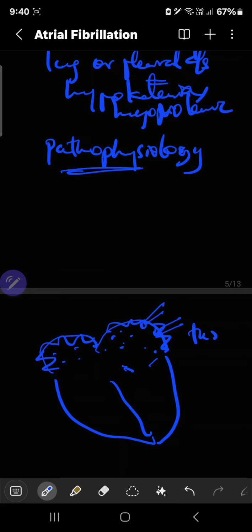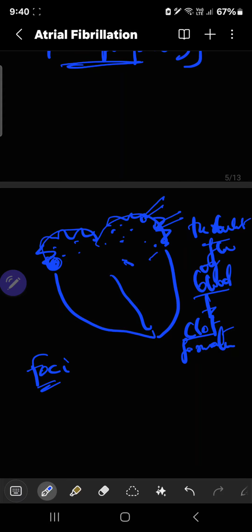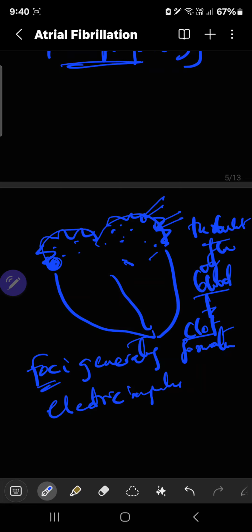So most of the times, apart from the sinoatrial node, there will be other foci generating electrical impulses in the pulmonary veins.